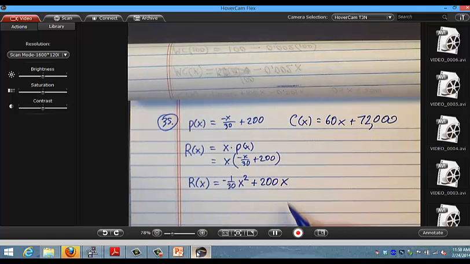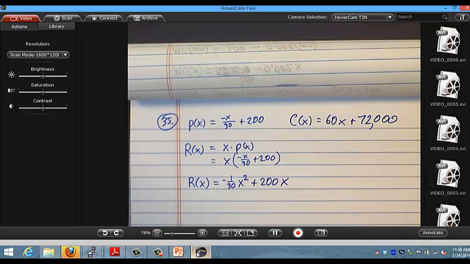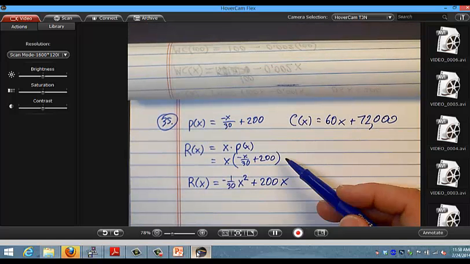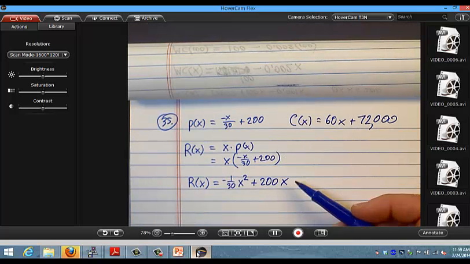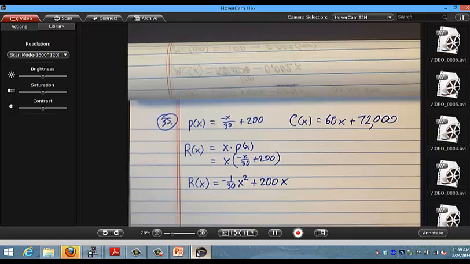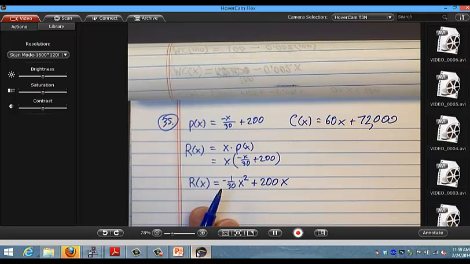Does that seem okay to you guys? There's advantages for writing it this way, and there's advantages for writing it that way. Kind of depends, I guess, what you're doing. We may end up using both ways. I don't know. We'll see. But there's the revenue function.